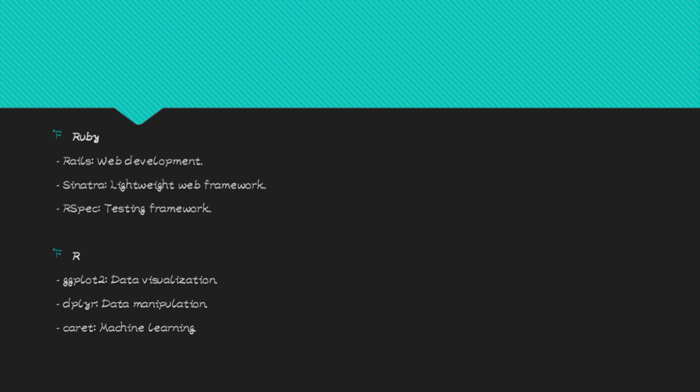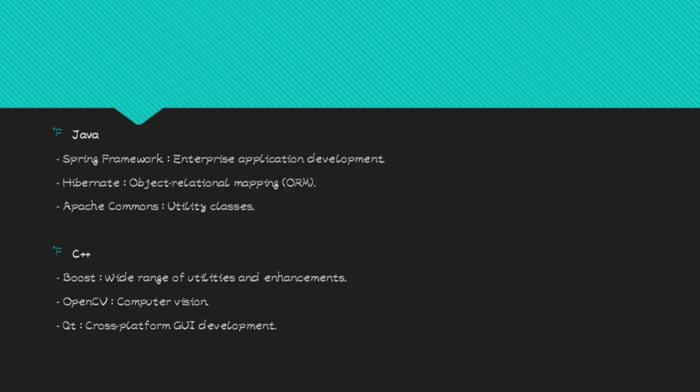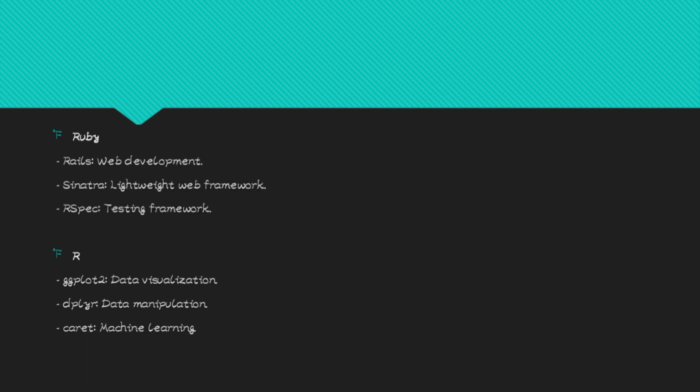And we have C++, which has libraries like Boost, OpenCV, and Qt. Boost is used for a wide range of utilities and enhancements, OpenCV is used in computer vision, and Qt is a cross-platform graphical user interface development library.